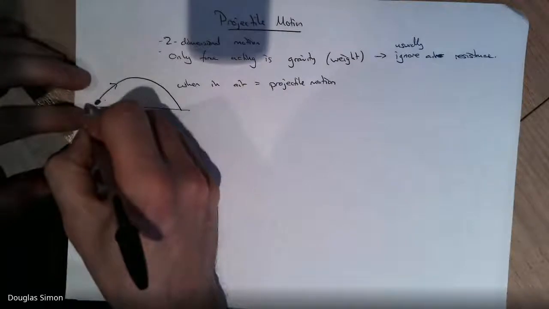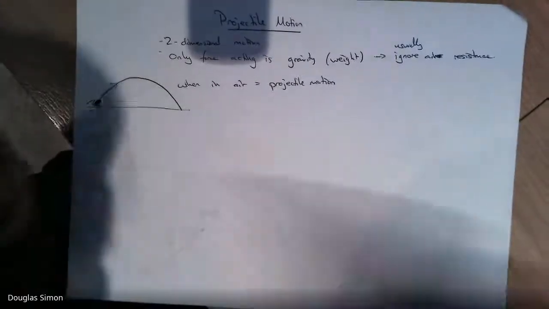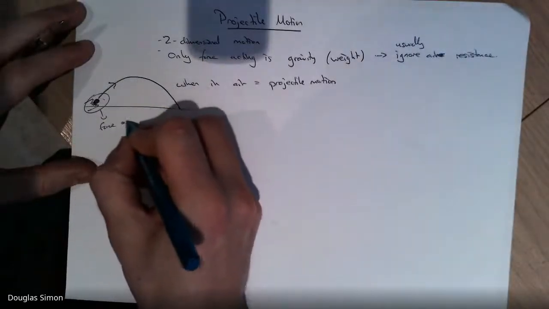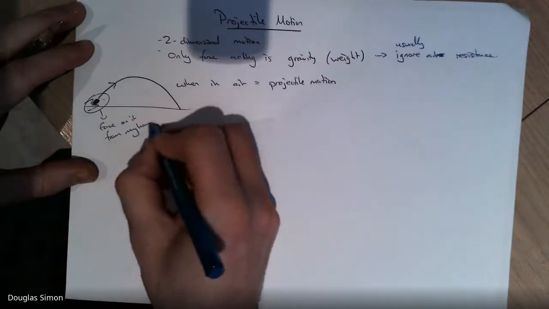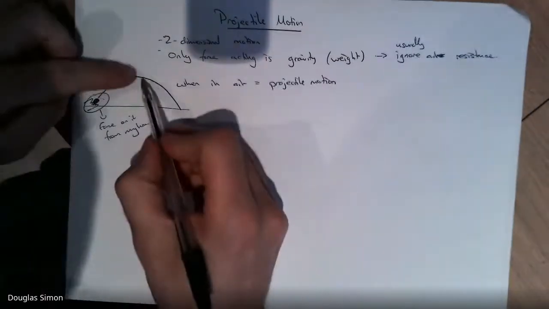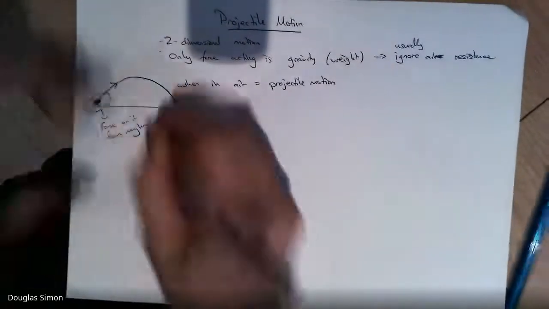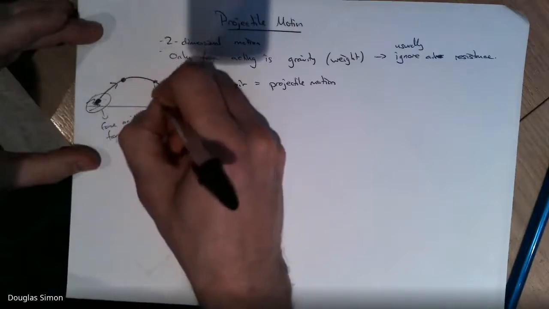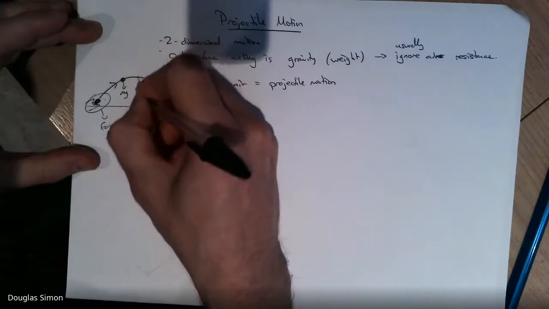So when I'm here holding it and throwing it, there is a force on it. And then when it's in the air, the only force on it is its weight, right? There's no other force on it in the air.